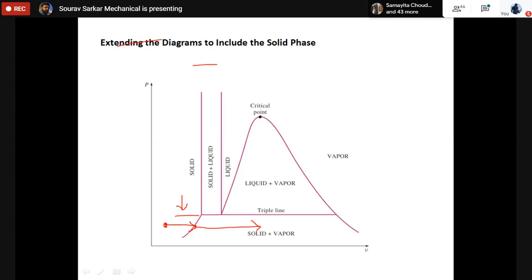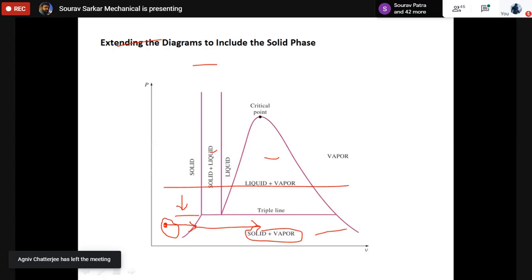If you are heating along a constant pressure line, there will be solid, liquid, then vapor. But if you come down to a low pressure, the solid will directly convert into vapor, and after that the whole solid will be completely converted into vapor.